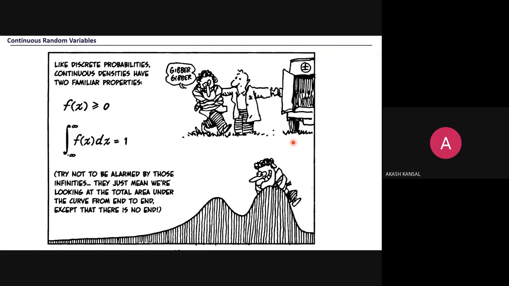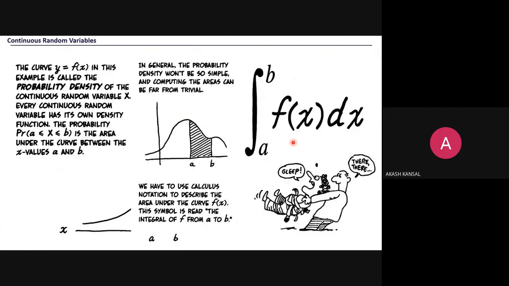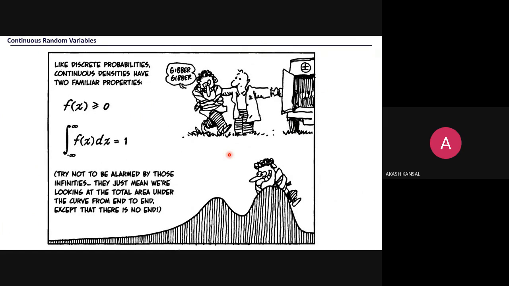Also, let's try to see some properties from the last equation that we had, from this probability density curve. The probability of any random variable is going to be greater than or equal to 0. Why I'm saying probability is because you are referring to a probability density curve.